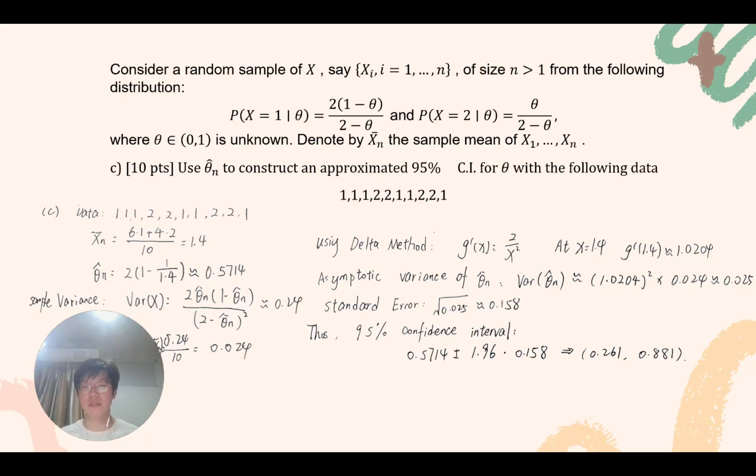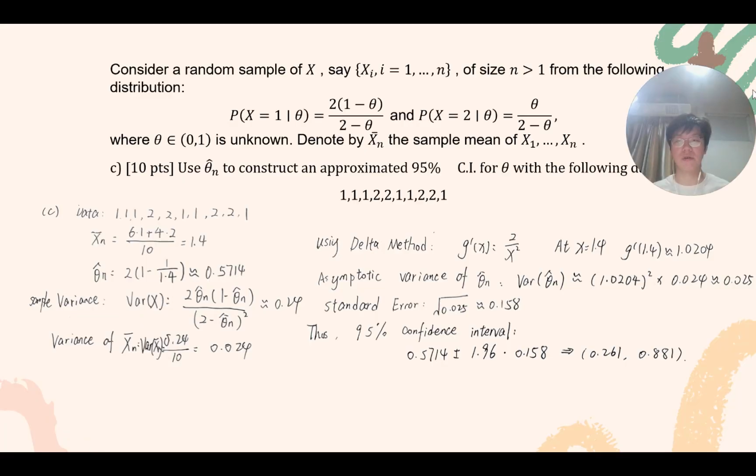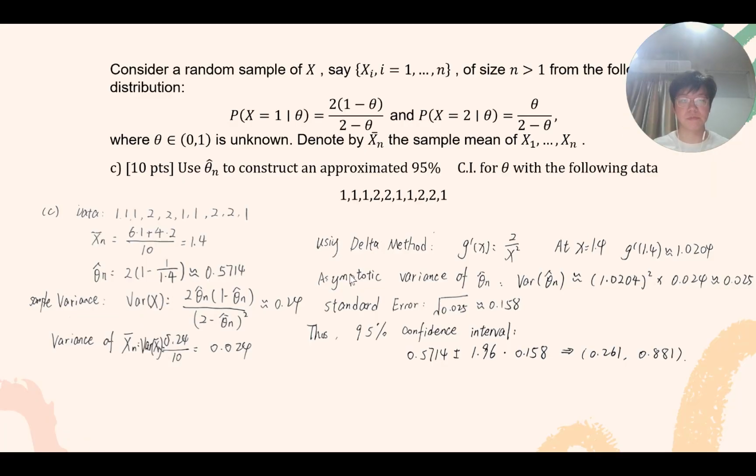And question C wants us to use theta hat to construct an approximate 95% confidence interval for theta with the following data. So we have the data and we can calculate the mean of the data.